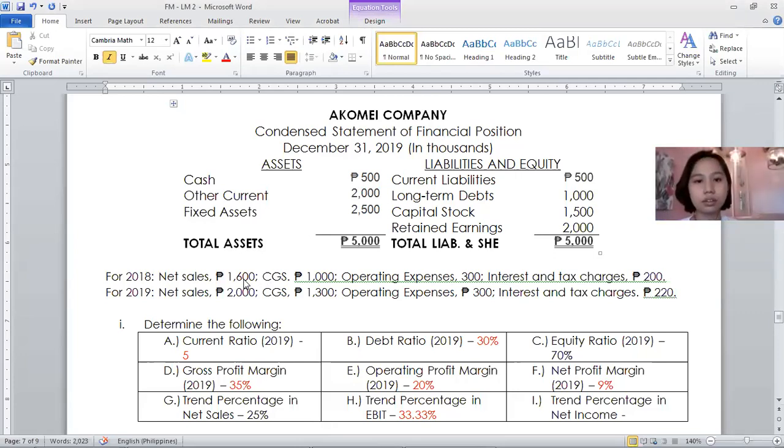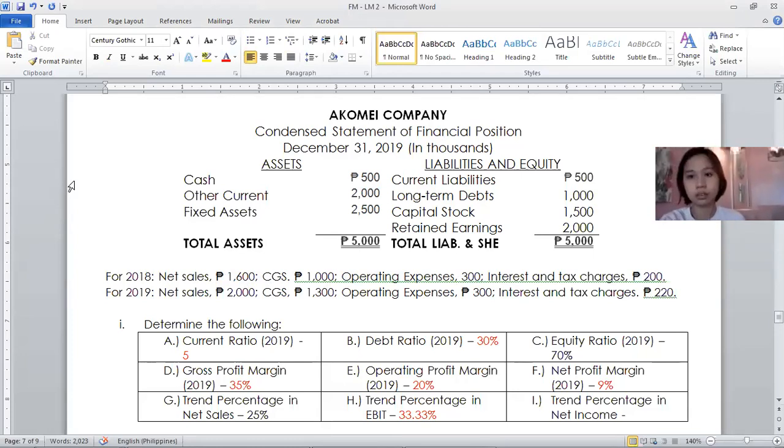We have net sales, cost of goods sold, operating expenses, interest, and tax charges. So, how do we compute? I don't have notes, ma'am. But you can see it on your monitor.